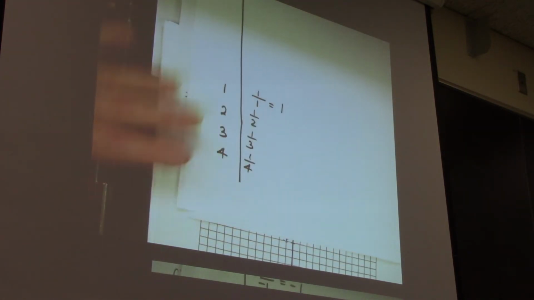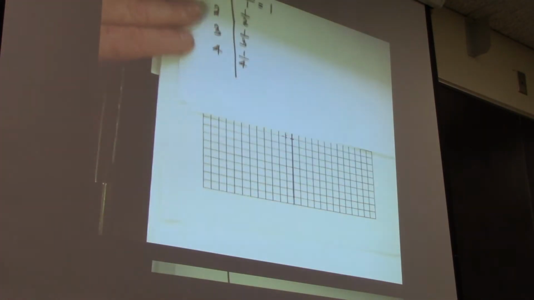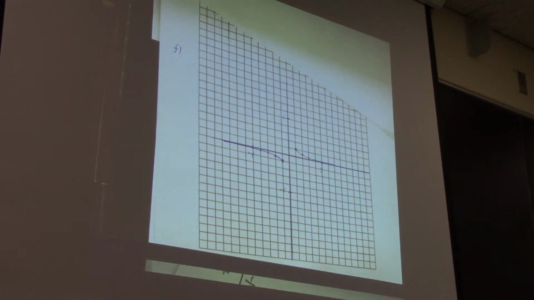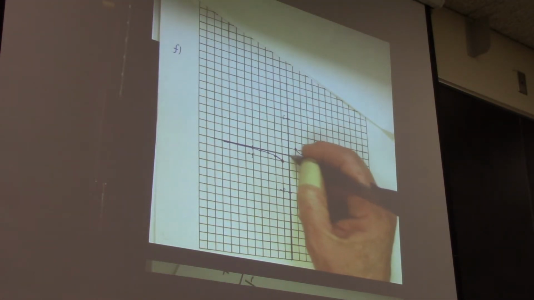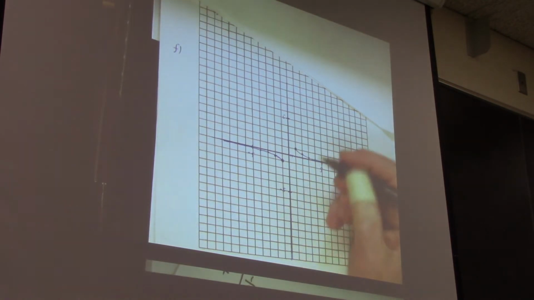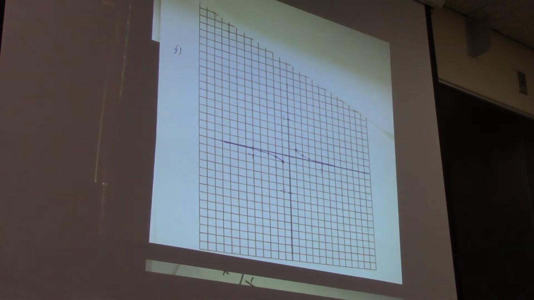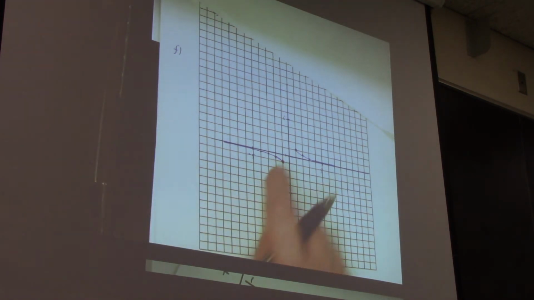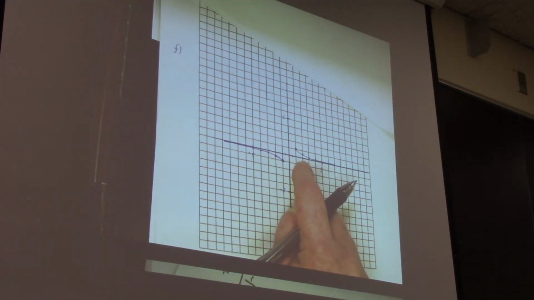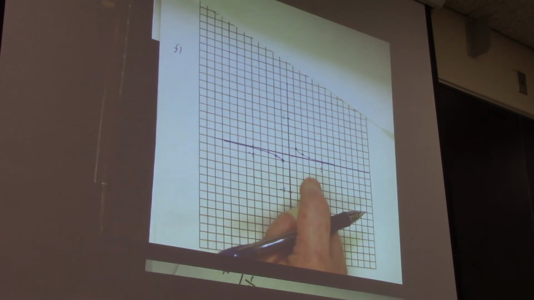Now, x equals 0 is the only number that is not in the domain. All of these fractions, 1/2, 1/3, 1/4, negative 1/2, negative 1/3, negative 1/4, all of those fractions between negative 1 and positive 1 are in the domain.